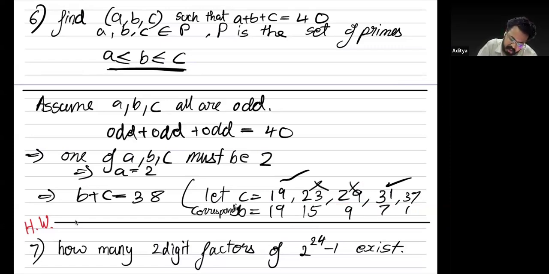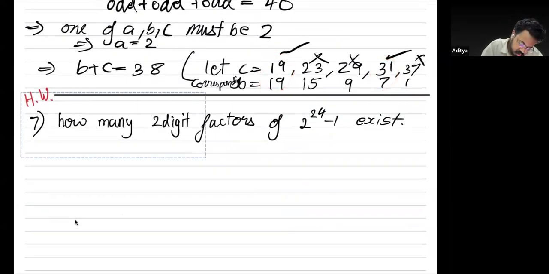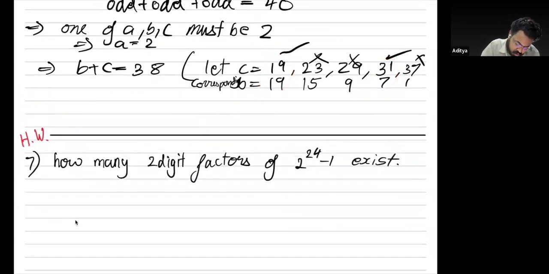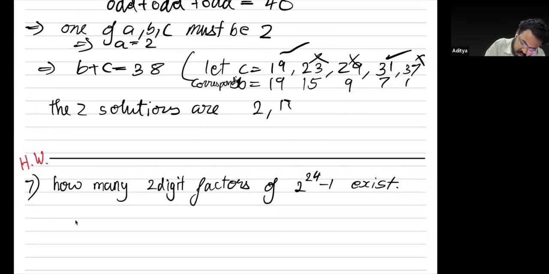So all of these don't give pairs of B and C being prime numbers. So you have only two solutions, 19, 19 and 7, 31. The two solutions are 2, 19, 19 and 2, 7, 31.